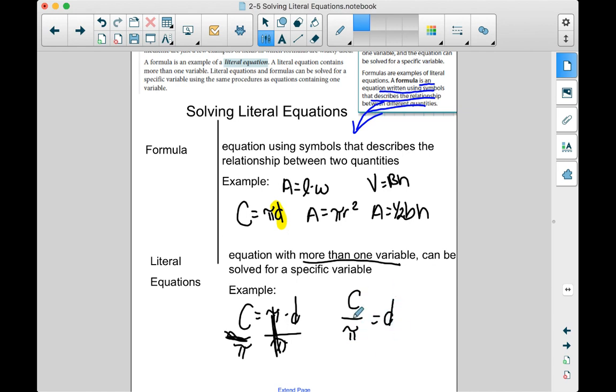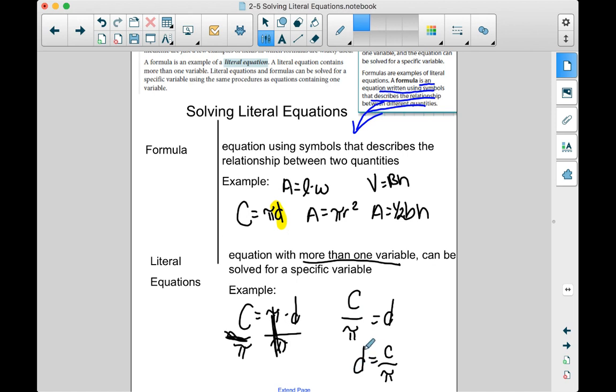And that's as far as I can go. I could rewrite that so it's diameter equals circumference divided by pi. It doesn't matter what goes where on the equal sign. As you can see here, I just flipped it. That doesn't matter as long as I have isolated the variable that I wanted to solve for.